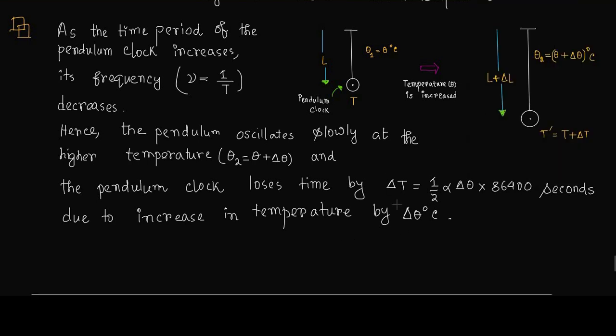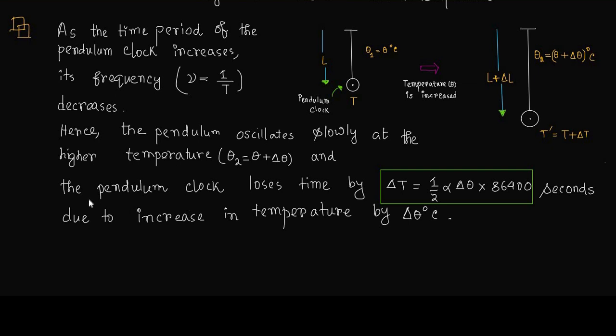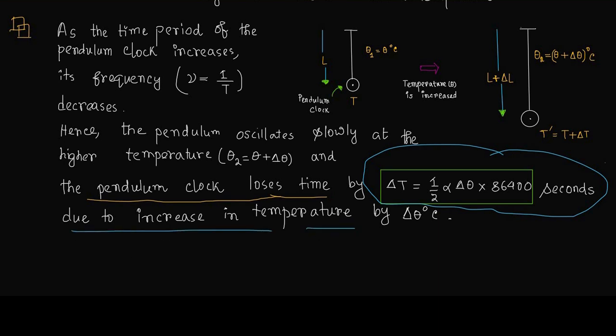Hence the pendulum clock loses time by delta T seconds due to increase in temperature by delta theta degree C.